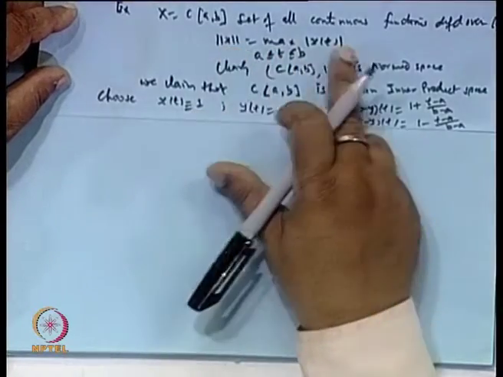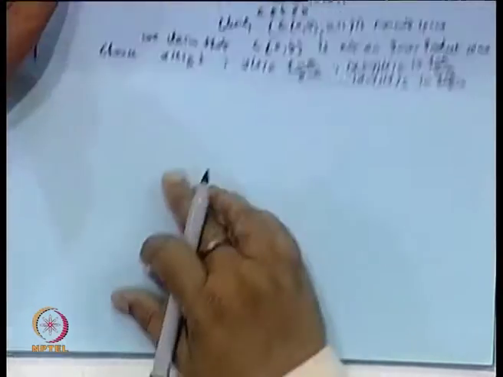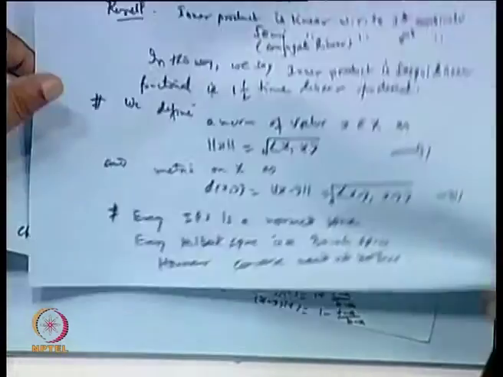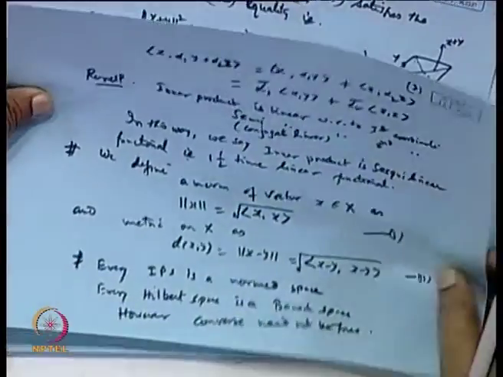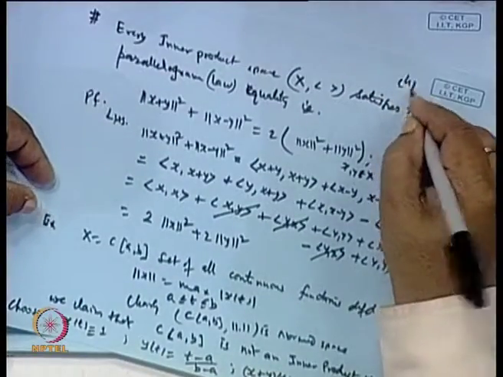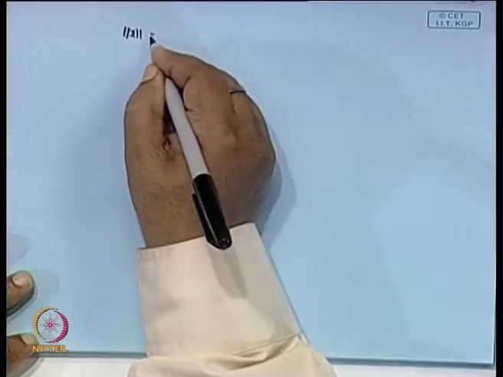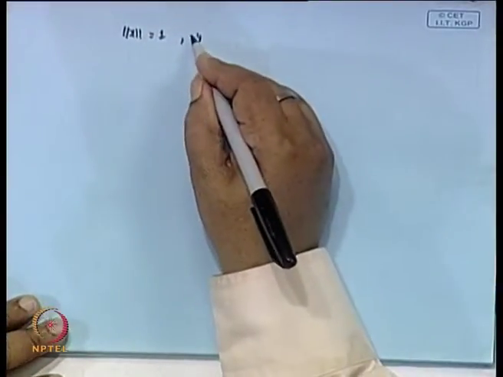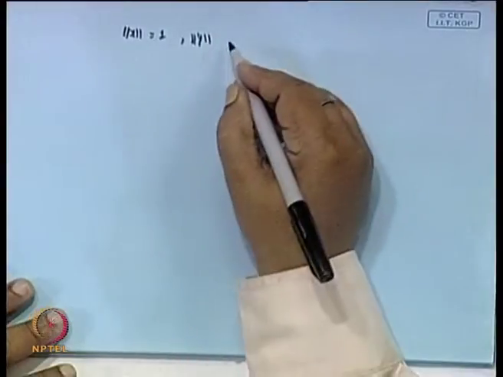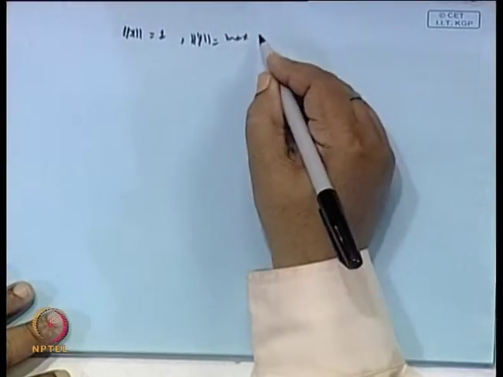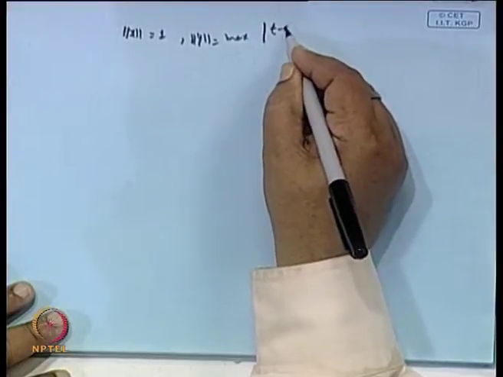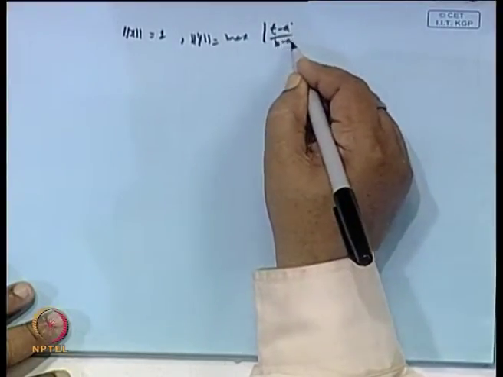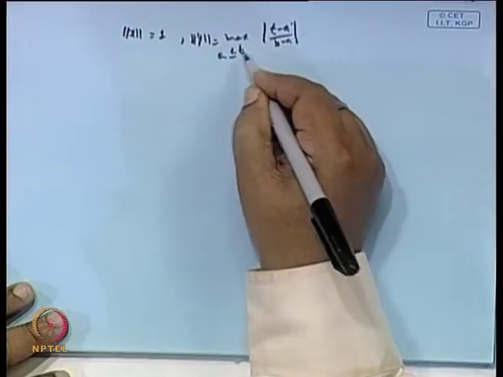Now, the maximum value of this is defined as the norm. So, what is the norm of this? The norm of x under this is nothing but 1, because the maximum value is 1. What is the norm of y? The maximum value of (t minus a) over (b minus a), where t ranges from a to b.